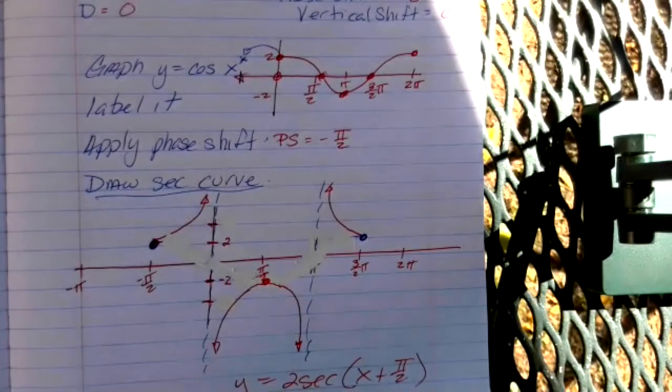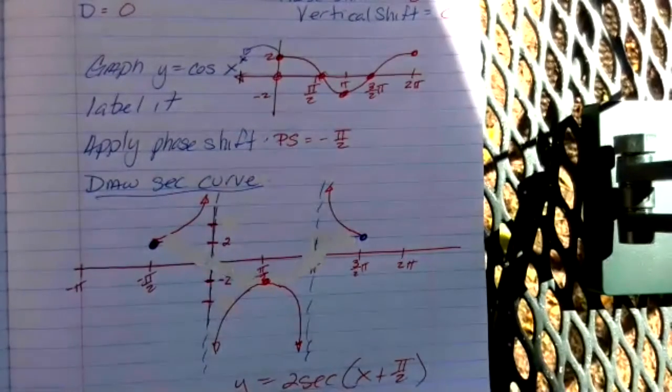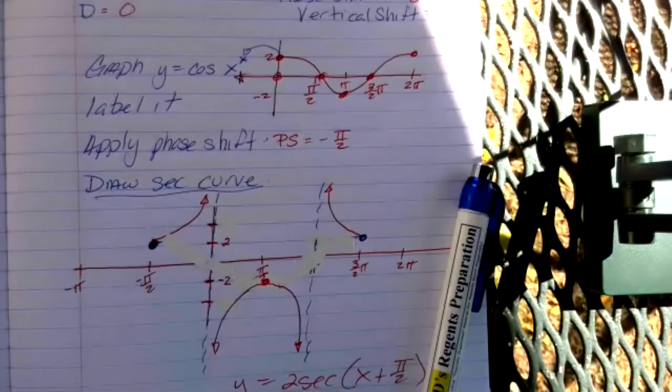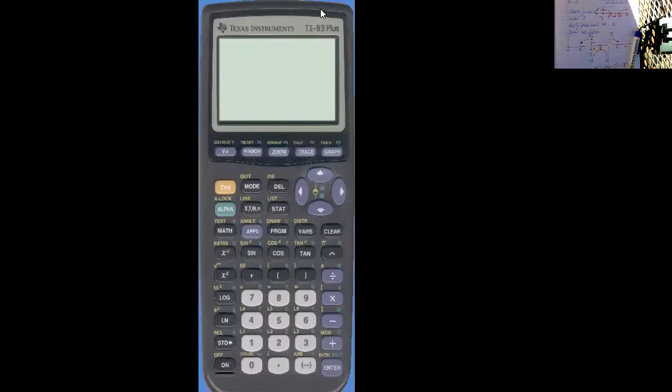How would we do that on a calculator, you ask? Well, that's a good question. Let me see if I can bring a calculator up here. So when you bring up your TI-83 or TI-84 graphing calculator, you turn it on.